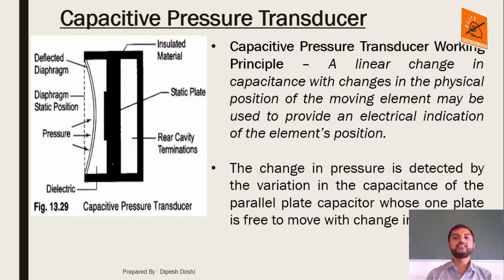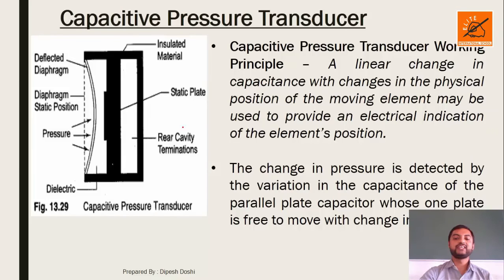Next topic is capacitive pressure transducers. So here we can see that the working principle of the capacitive pressure transducer is based on the physical position change of the capacitor, and we get the actual output of the pressure changes.